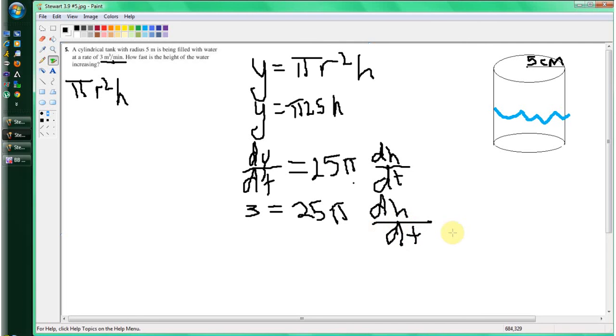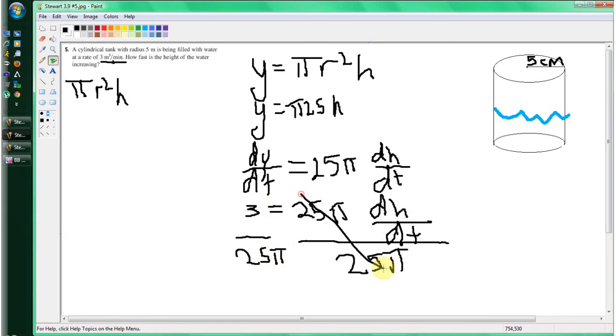And to isolate this dh over dt, we can just divide both sides by 25 pi. And it would cancel over here.